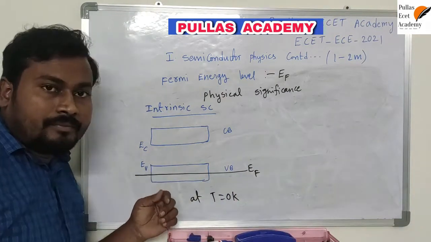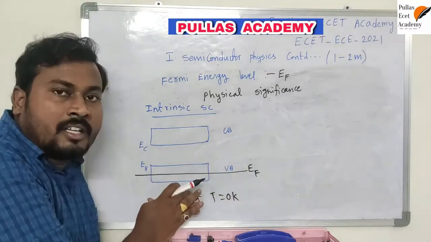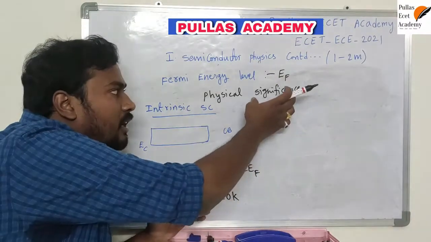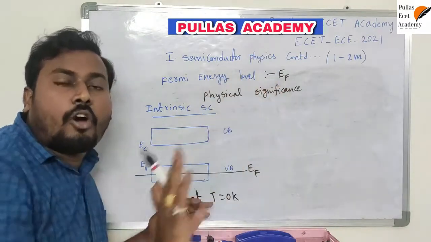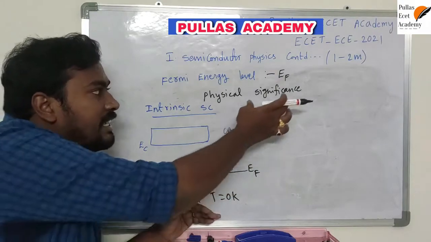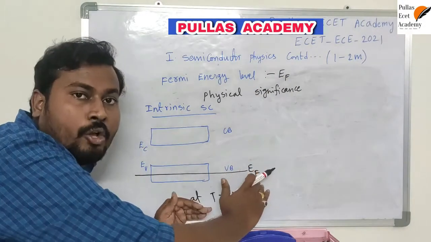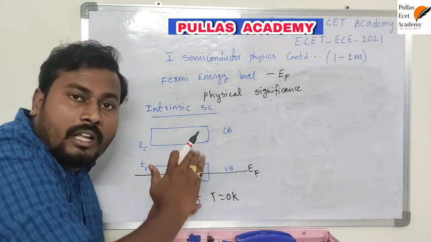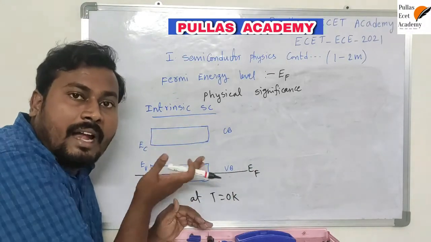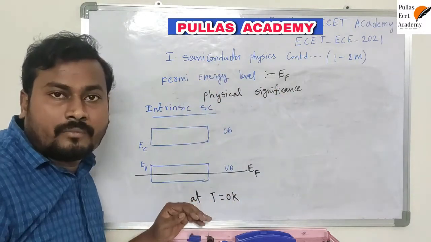If you locate the Fermi energy level here, the definition of Fermi energy level itself is wrong. Why? What is the definition of EF? It is that energy level below which all energy states are occupied and above which all the energy states are unoccupied.